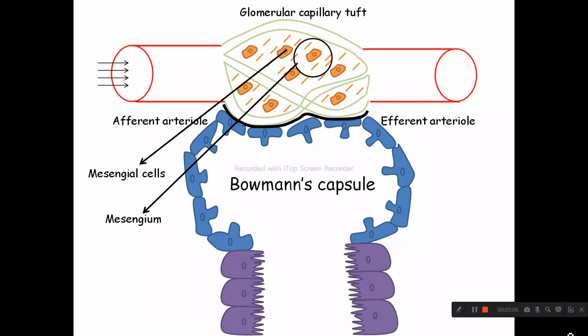Glomerulus is the group of anastomosing capillaries present in the nephron, invested by a double layer of epithelial cells that makes the Bowman's capsule, and the capillaries are embedded within the mesangium, and the whole glomerulus is functionally the filtration unit of the nephron.